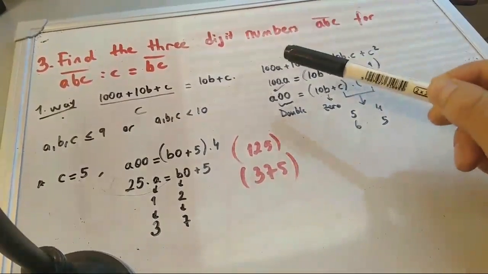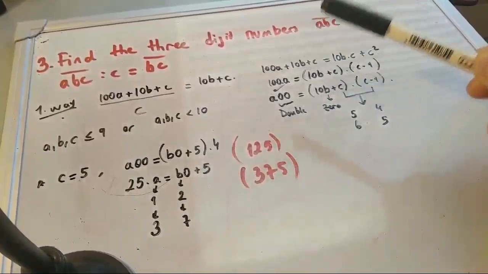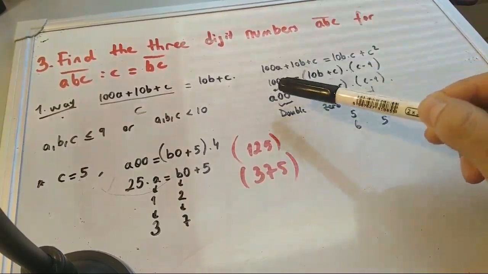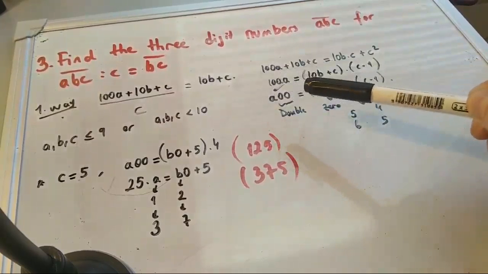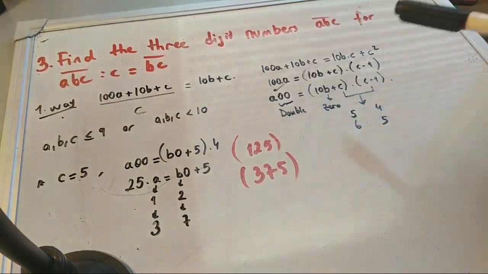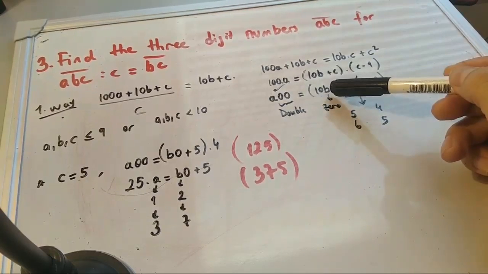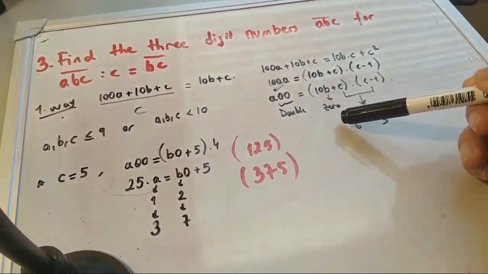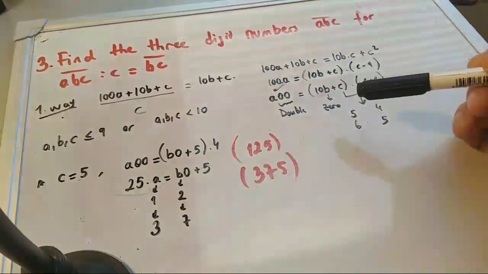For A is 3, 300. For A is 5, 500. So instead of 100 times A, we can write A00. The last two digits are 0, double. And 10B, same. The last digit of 10B will be 0 for any value less than 10.